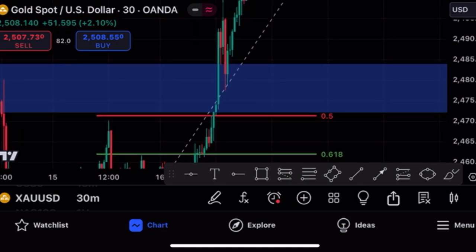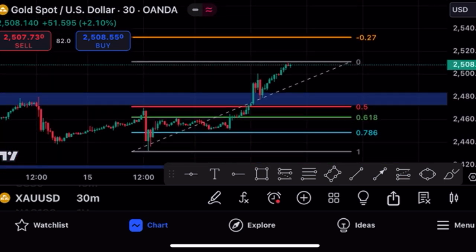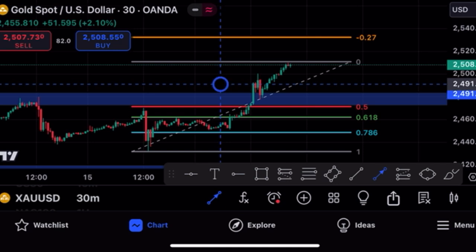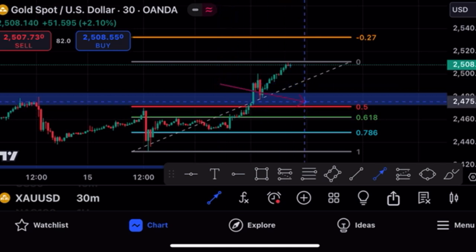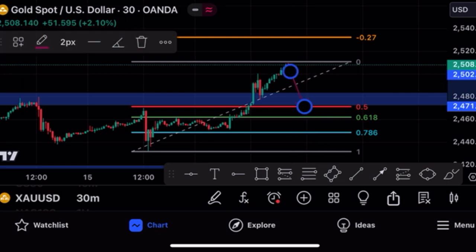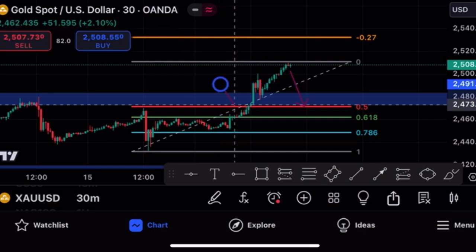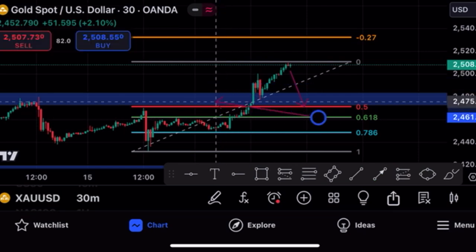So with that in mind, what I would be looking for is for price to come back down here, come into this zone, create a pattern in this zone, and then shoot back up.